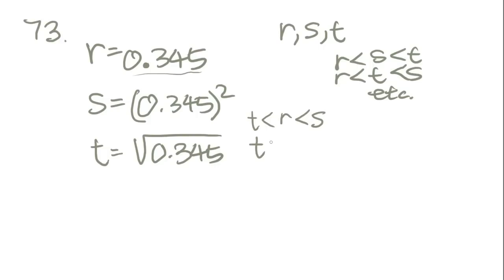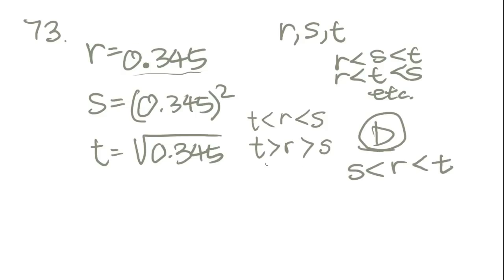So it would look like T is greater than R is greater than S. Let's see if that's one of the answer choices. Oh, well, they have it written as S is smaller than R, smaller than T, which is basically the same. Their little Pac-Man symbol is just facing the opposite direction. But the answer is D.